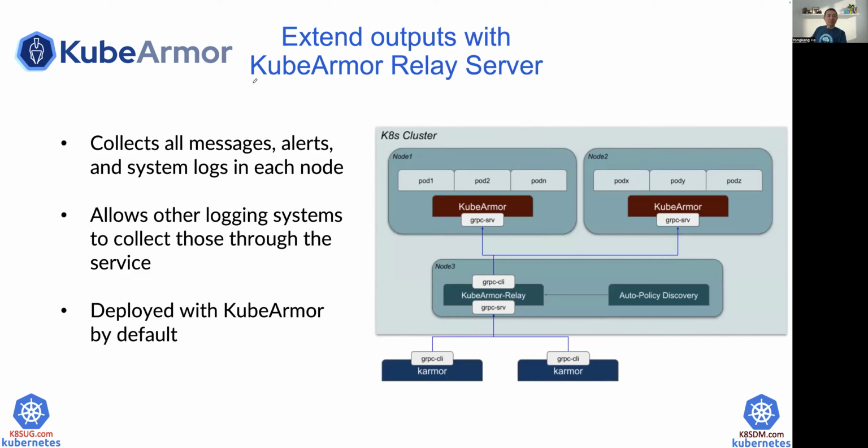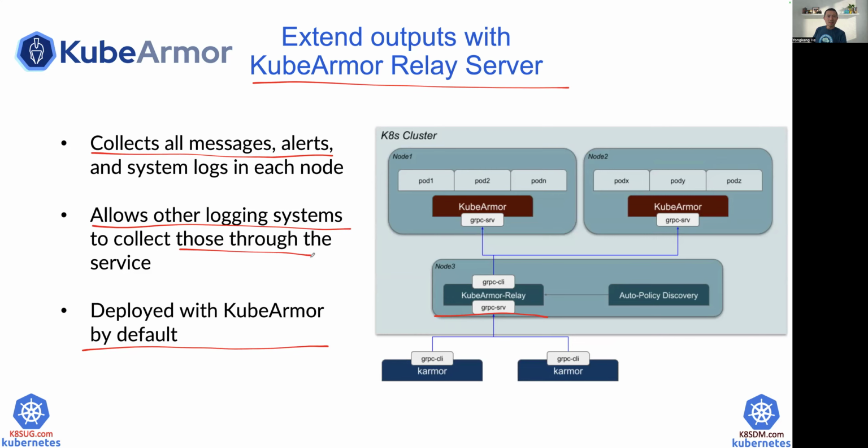It leverages the KubeArmor relay server to extend the outputs. The KubeArmor relay server is deployed to the Kubernetes cluster, by the way by default with KubeArmor. It does two jobs. First, it collects all the messages, logs, and alerts, and then it allows other logging systems to collect them through the service.